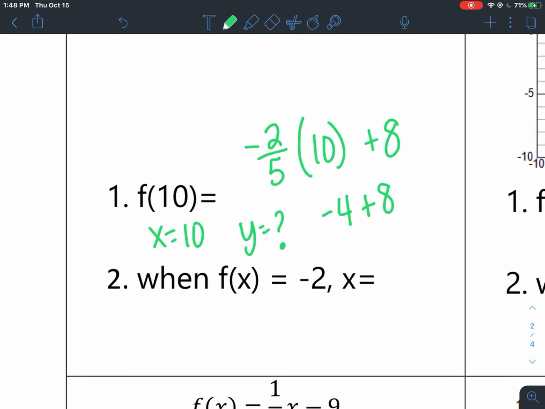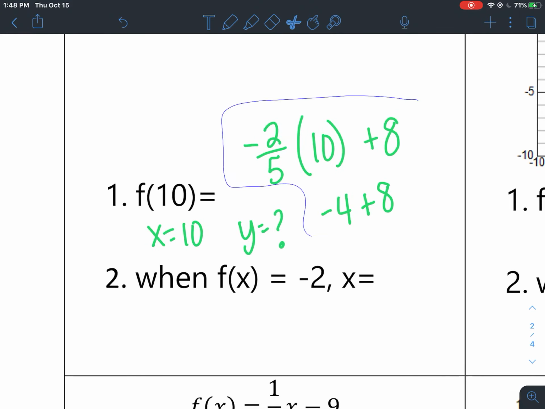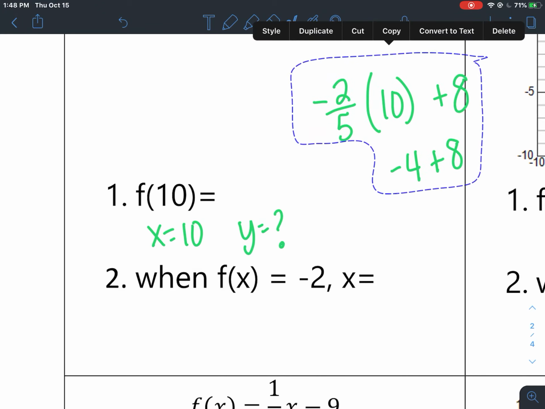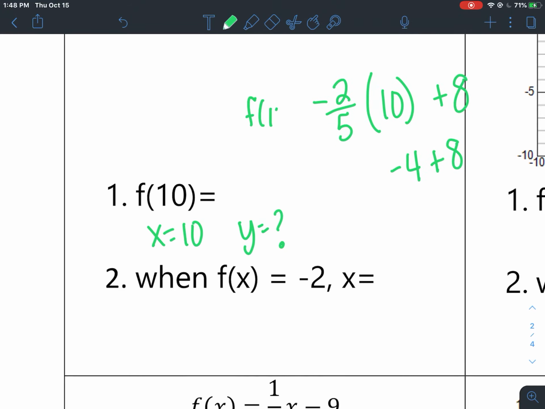I know my work is getting a little messy, let me try and rewrite it. So f of 10 equals 4. We'll highlight my answer there.